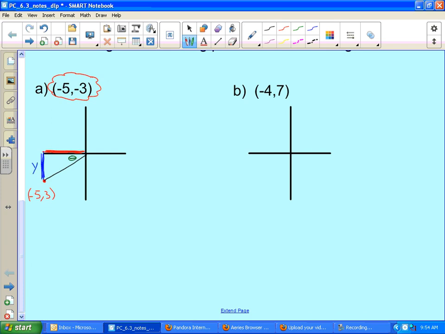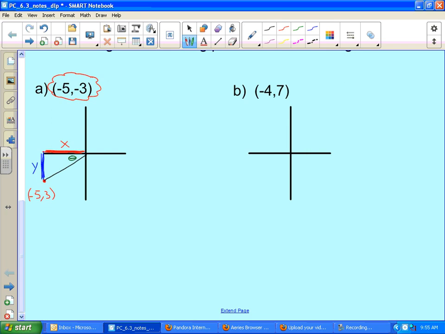It's an up-down line, which is a y value. All right, so we get that. Then the red line is the what of this angle theta? It's the x, which is our adjacent. Now, technically, they're negative, right? It's a negative x, negative y, -5, -3. So there's the triangle that we create.